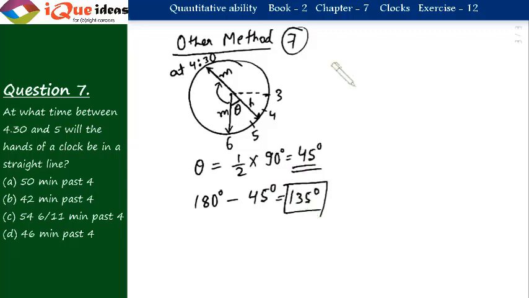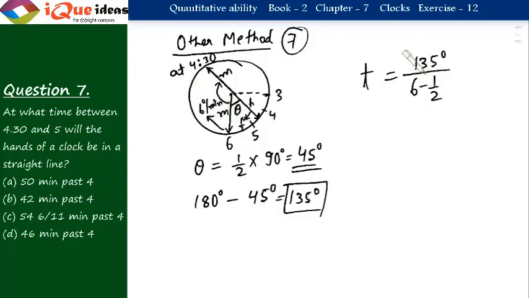Now time taken to travel this 135 degree would be equal to time equals the distance, 135, divided by relative speed, that is 6 minus half. We already have the speeds that we have calculated. Minute hand speed is 6 degree per minute and the hour hand speed is half degree per minute.